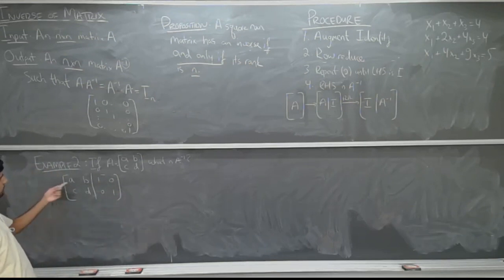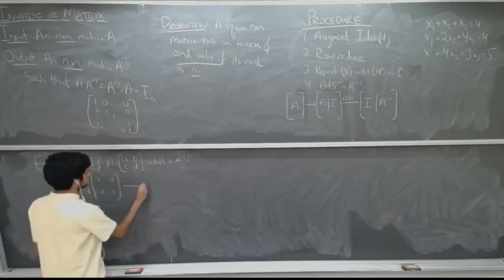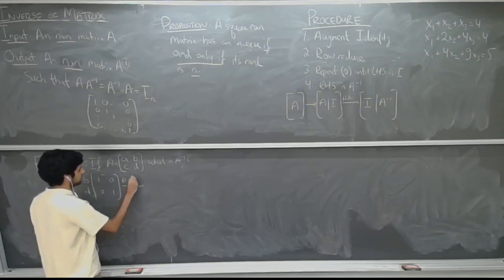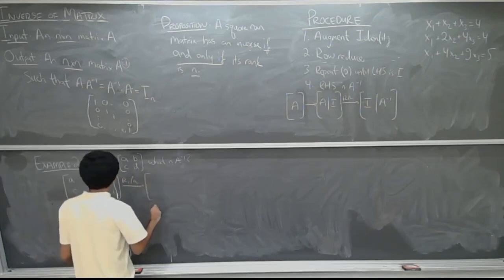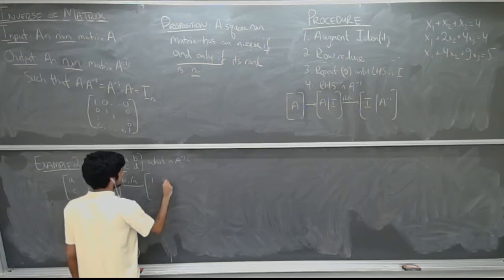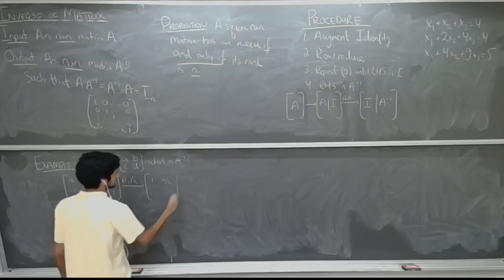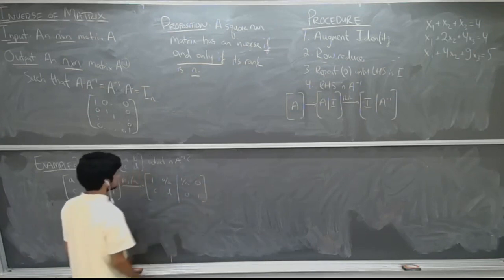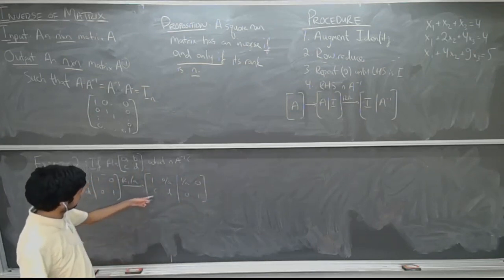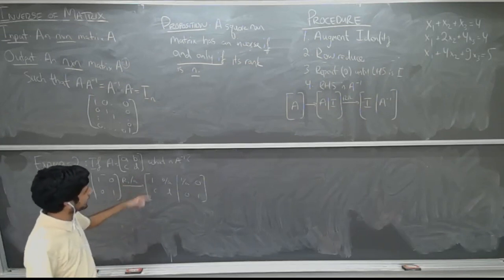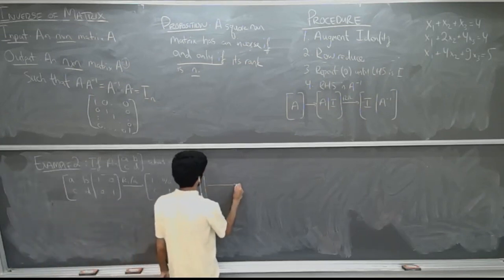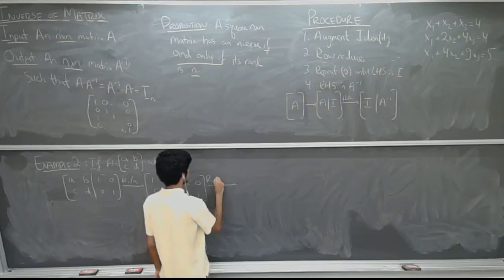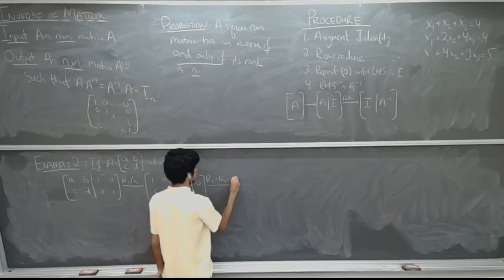I'd like a 1 here, so I can divide the first row by a. I'll try to do this row reduction a little bit quicker than before. Hopefully you're familiar with row reduction. Now I want to make this c a 0, so I can subtract c copies of row 1. So row 2 is equal to row 2 minus c times row 1.